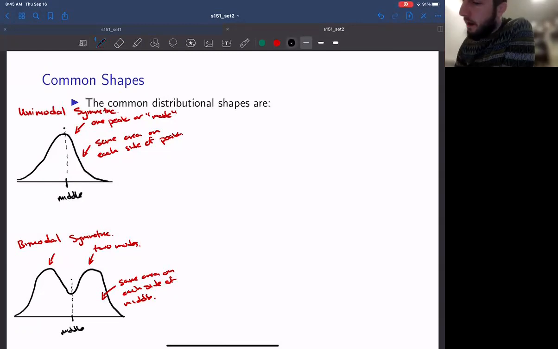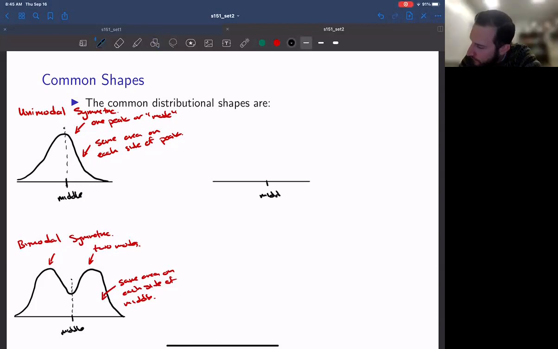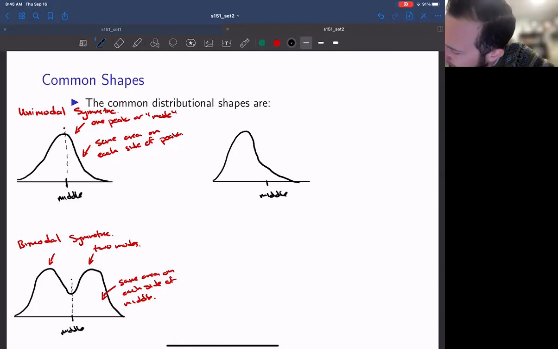All right. Now, the other shapes that we are going to be concerned with most often in this class are the two unimodal skewed shapes. Okay, so there's two different skews that we have to be familiar with. The first one is what we would call right or positive skew. So that's going to look something like this. So here we have again one mode.